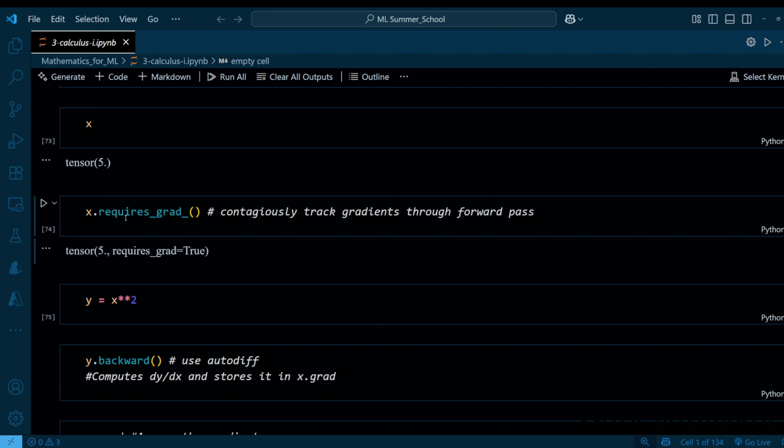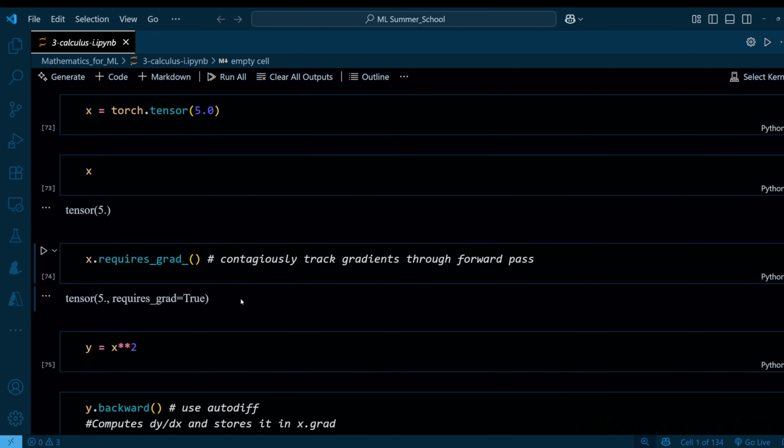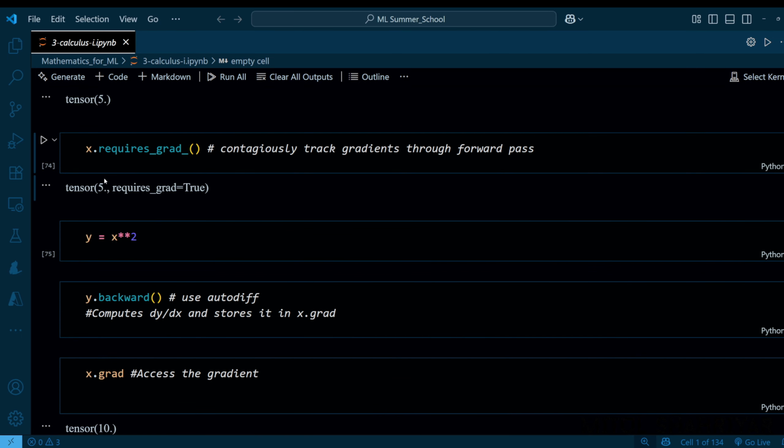Then we say it requires grad. What does it mean? We basically track the gradient through the forward pass. We use the value 5, and then you can see y equals x square, the function we have. Once we say y dot backward, it does the auto differentiation.